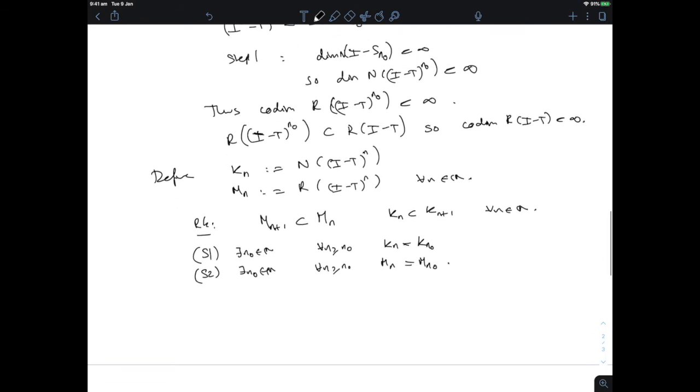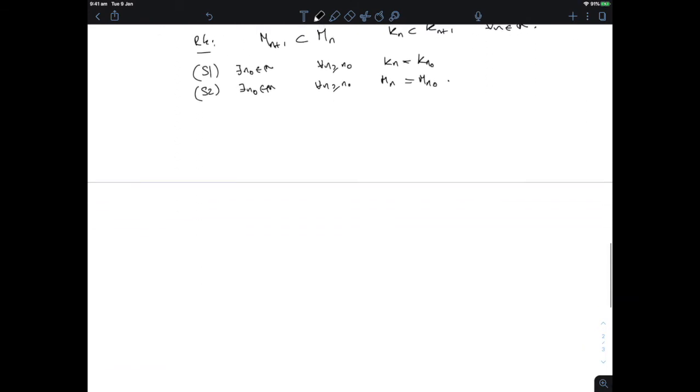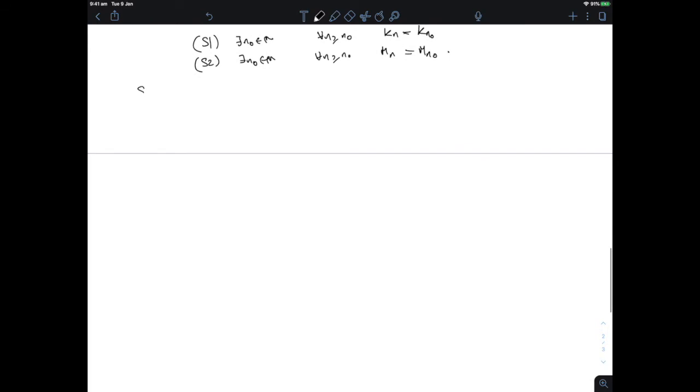And now step 4 of the proof is to show that if I have these two stabilization results, then I get the split condition. And we've seen in step 3 that the split condition includes the result. So that's what we need to prove next. We need to prove that stabilization of the K_n and the M_n implies the split. And then the very last steps will be to prove S1 and S2.